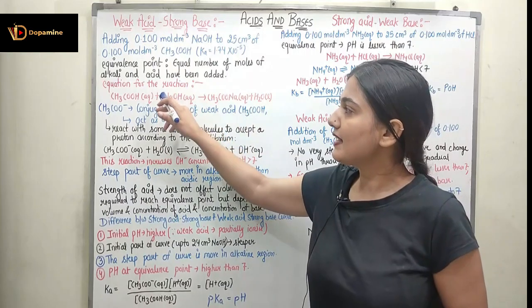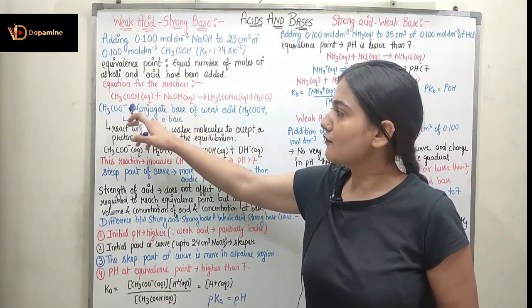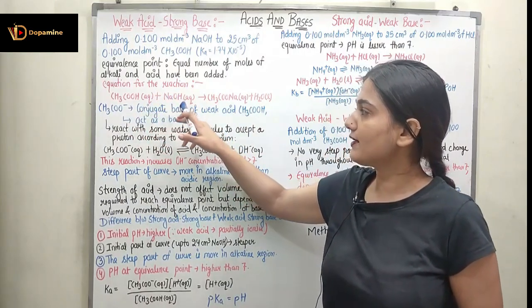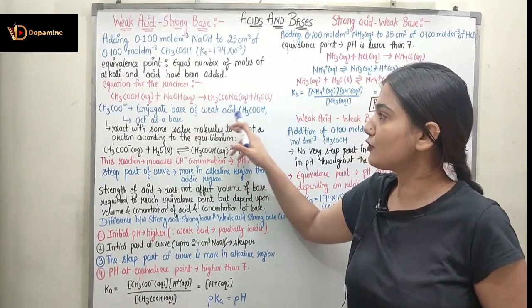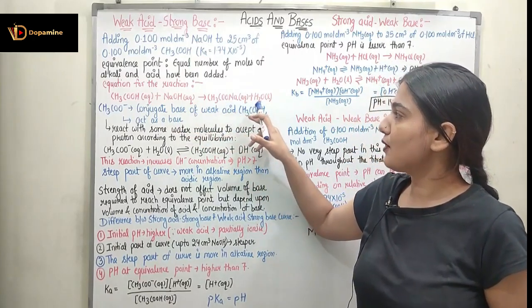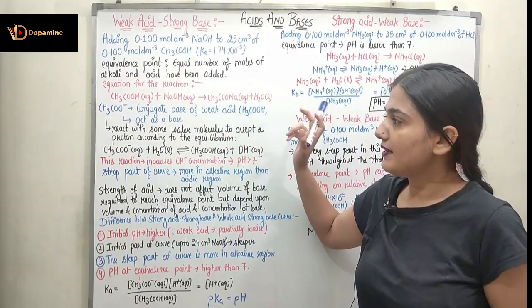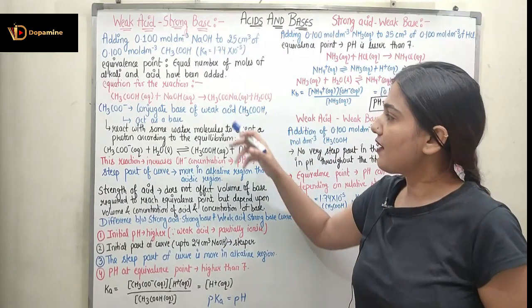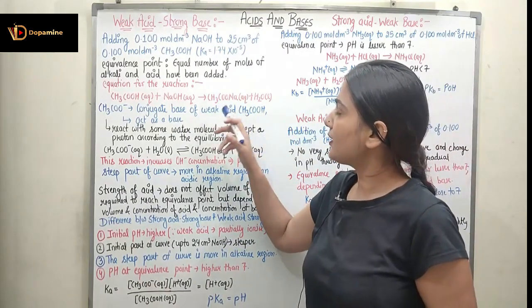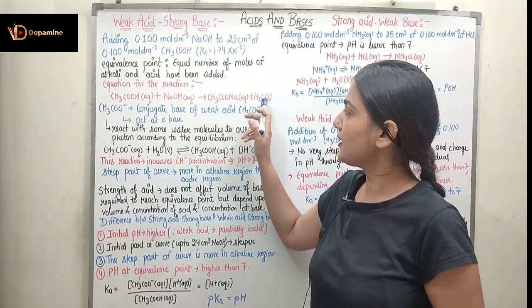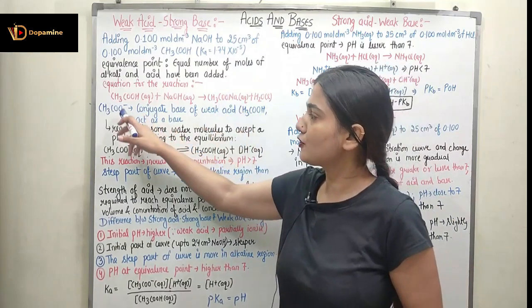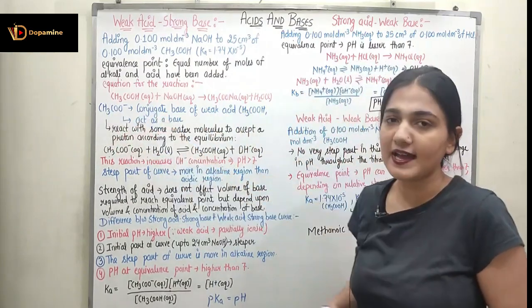The equation for the reaction is CH3COOH aqueous reacting with NaOH aqueous, forming a salt, CH3COONa aqueous, plus H2O liquid. Now the CH3COONa is going to dissociate and form the CH3COO negative ion, right?